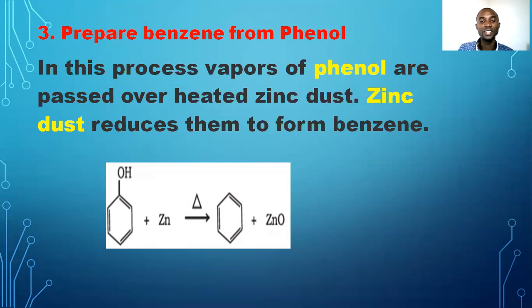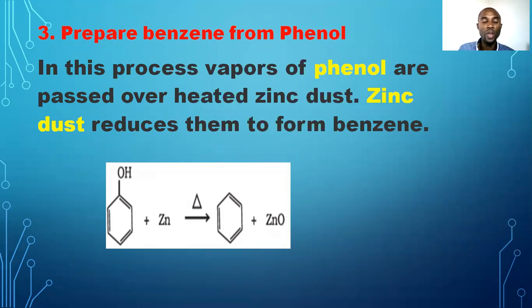Then the zinc dust reduces them to form benzene. As you can see in the structure, zinc is allowed to pass over the phenol, and it reduces the phenol to benzene, and the structure is given below.